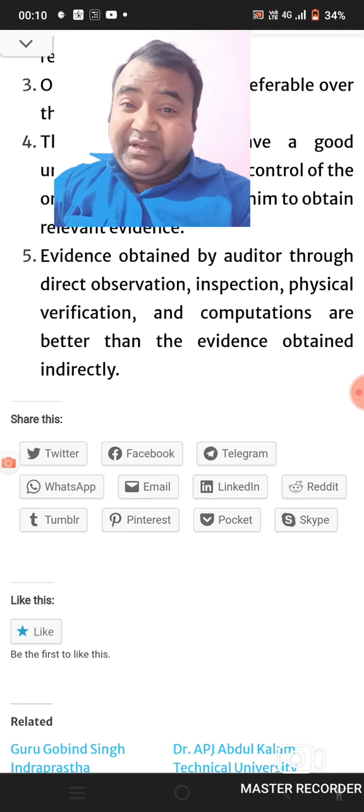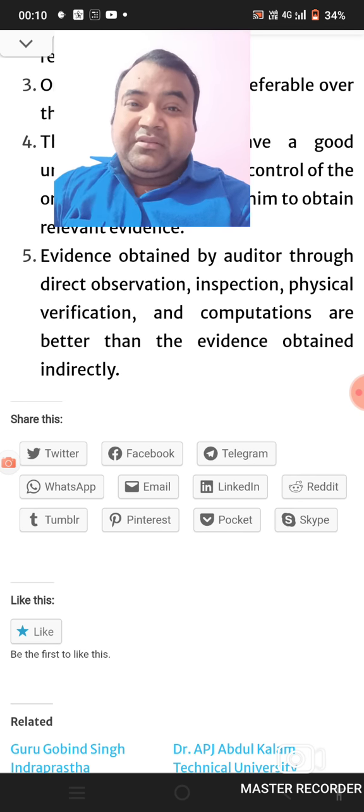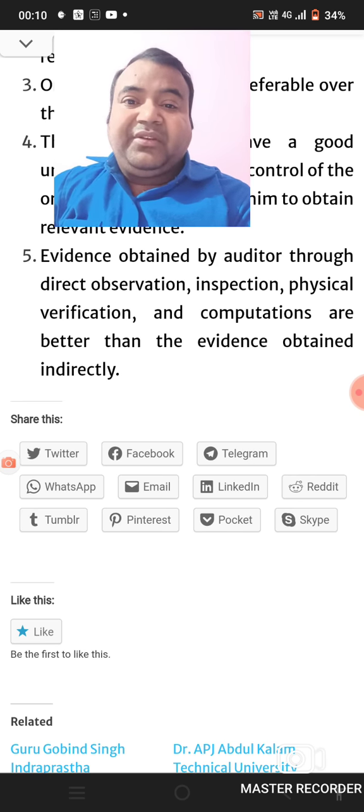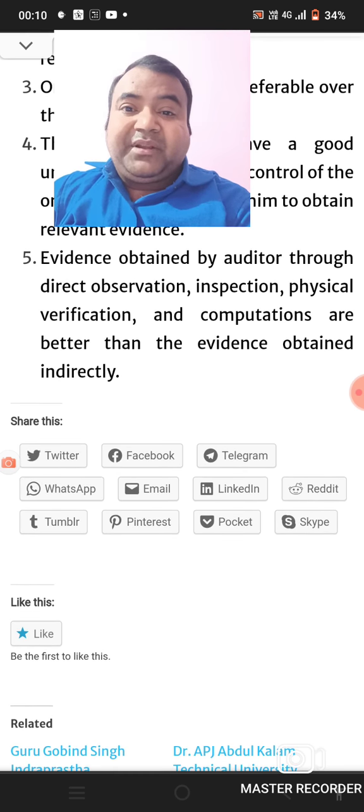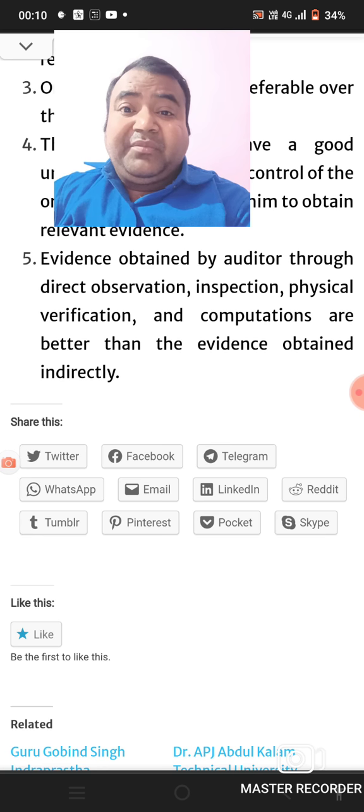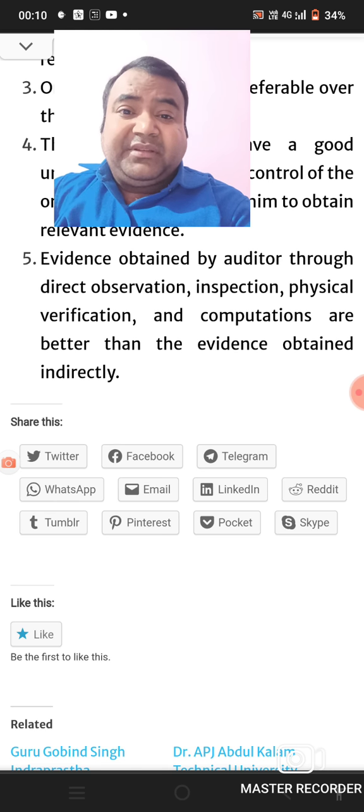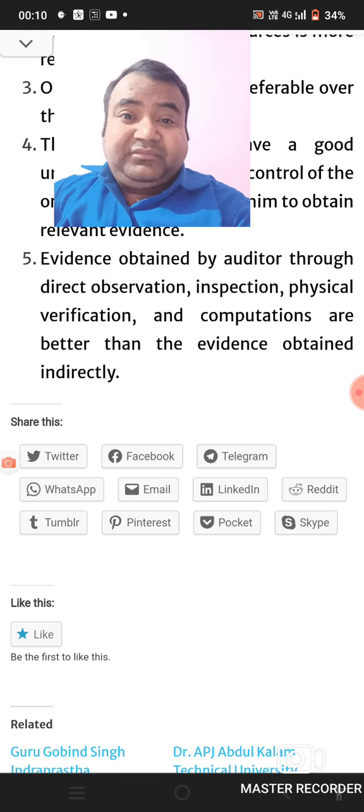Inspection and physical verification are very important, and they add value to a particular piece of evidence. The value of evidence will be higher if it has these kinds of features.